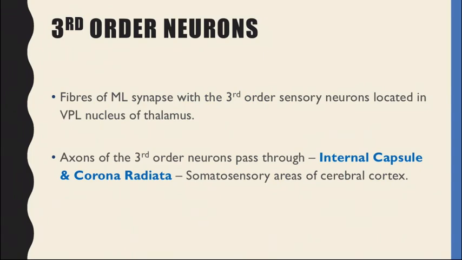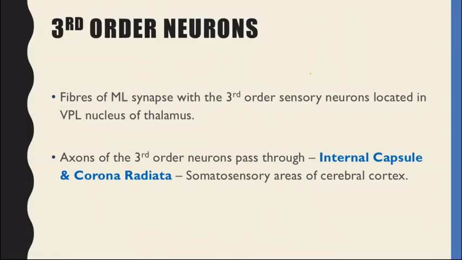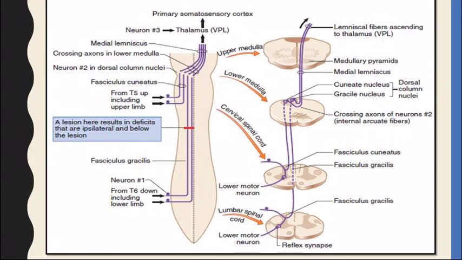They originate in the VPL, ventral posterolateral nucleus of the thalamus, and end in the somatosensory area of the cerebral cortex, that is the parietal lobe, postcentral gyrus. These third order neuron tracts pass through the internal capsule and corona radiata. The literal meaning of corona radiata is fibers spreading out like this. That is part of the internal capsule. So, that is the third order neuron.